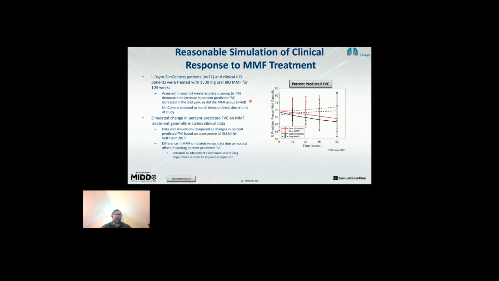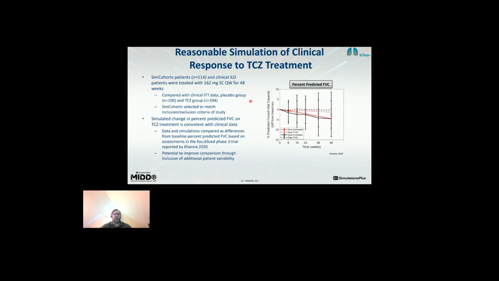And then tocilizumab. So those first two, I think, were the ones in the actual poster. But we also wanted to show tocilizumab here as a demonstration of a bit more of a validation response, in the sense that we were using the first two to help iterate on the model development.